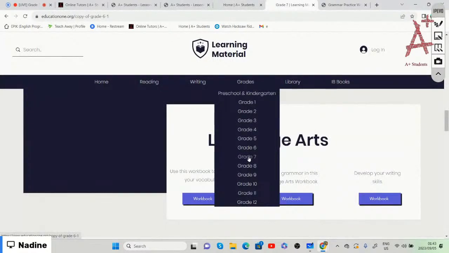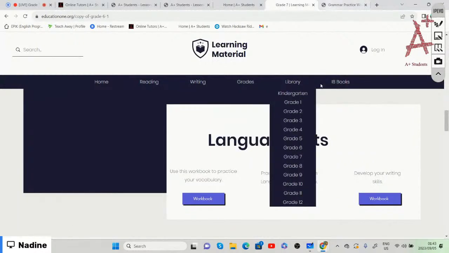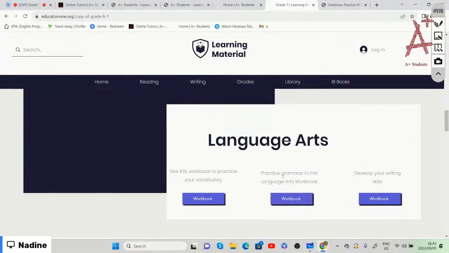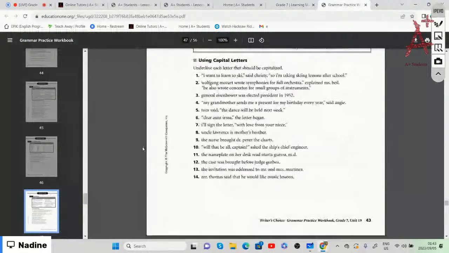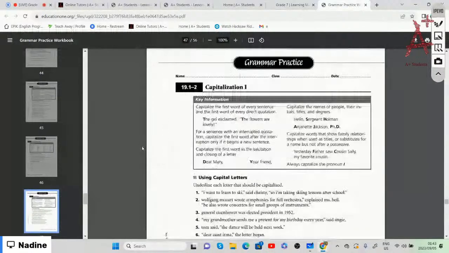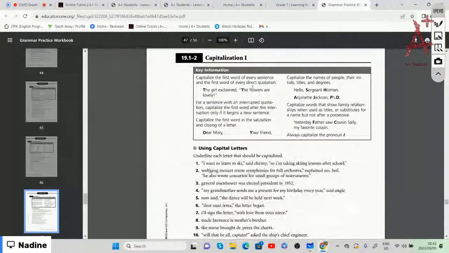You're going to scroll down to grade 7. And then we're going to click on the practice grammar in the language arts workbook. And then you're going to scroll down until you get to page 43. And page 43 is capitalization 1.